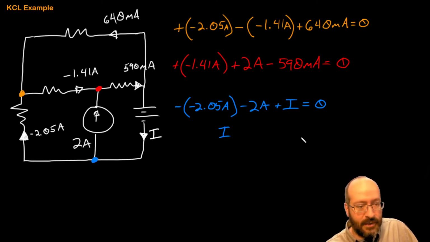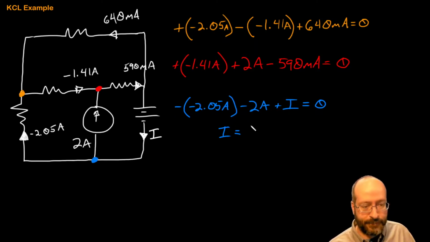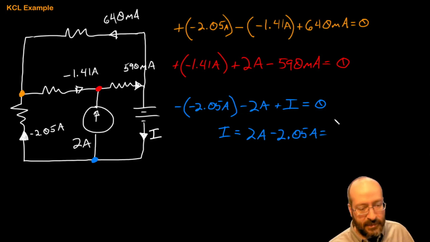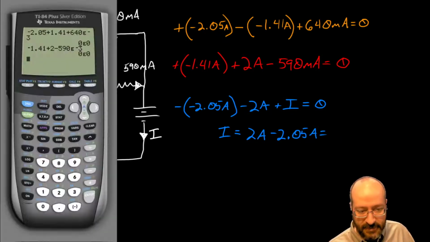Okay, and with I, we find that, let's see, pull both of these over. Let's go slow and do it right. So 2 amps, and then that negative is going to disappear, so it's going to be negative 2.05 amps. Let's go get it out of the calculator. It's far more fun, isn't it? 2 minus 2.05.